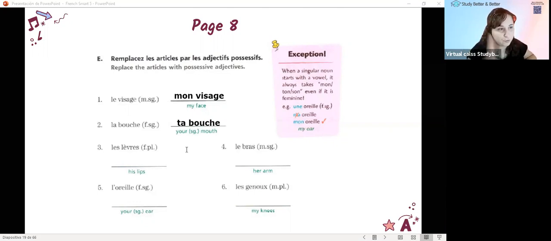Ta bouche. Okay, so here we also have les lèvres, his lips. We need to say that it's his lips. And this is going to be even more complicated because we have the person that is going to be ses lèvres. Here, like this. It's going to be only one person and many objects. Ses lèvres. Okay? Then we have le bras, and we need to say that it's her arm.